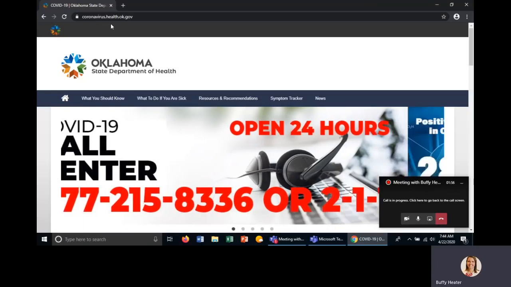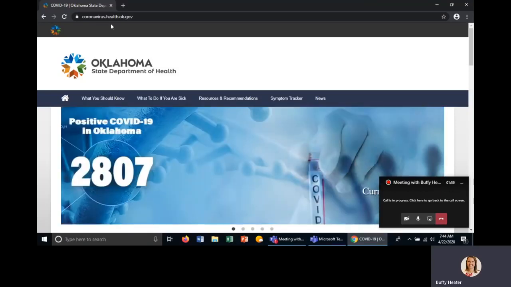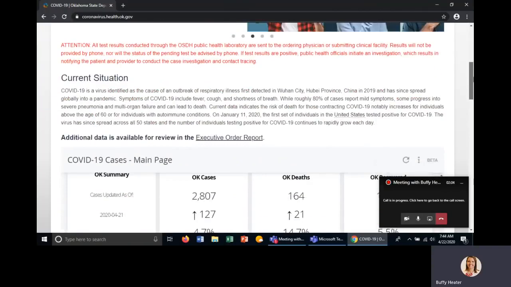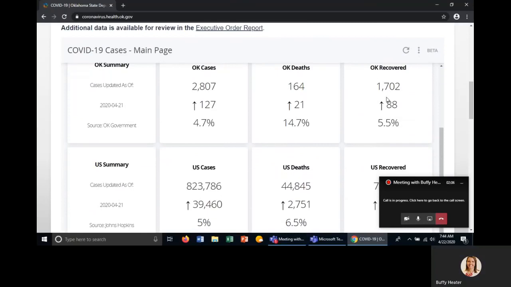Once you hit this COVID-19 main page, you will scroll down and you will see the dashboard's main page. Please note that if you're using a mobile device to view the dashboard, it will be very important to fully scroll through all the page to view all information.